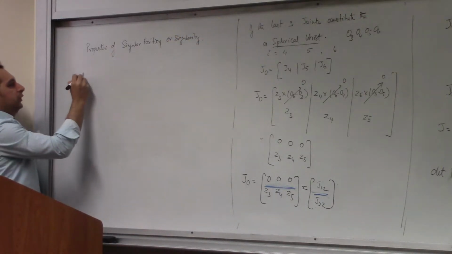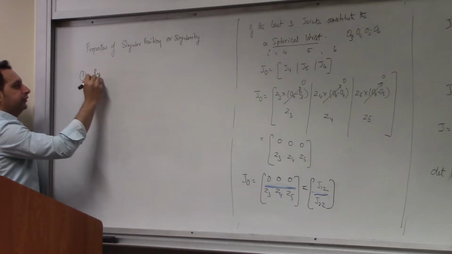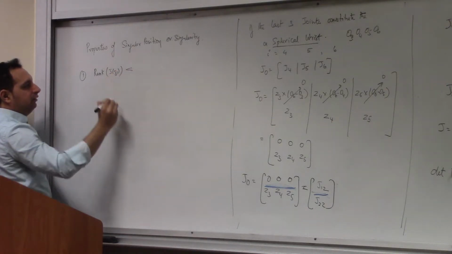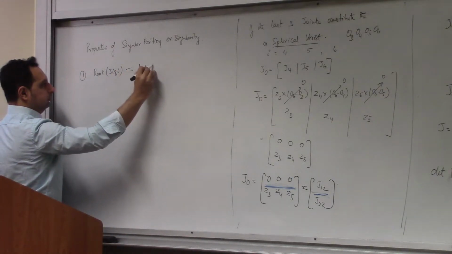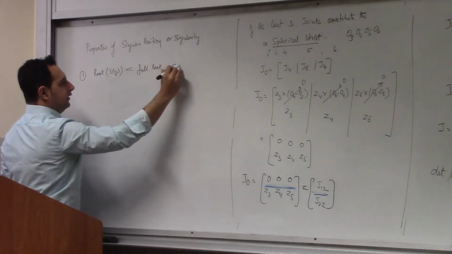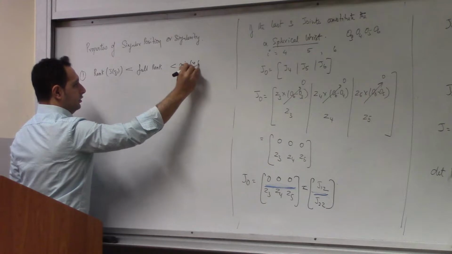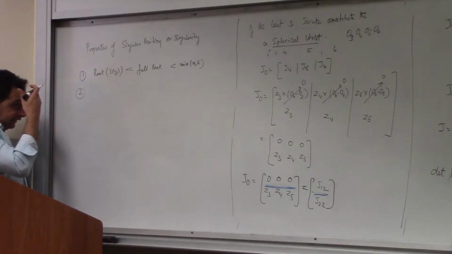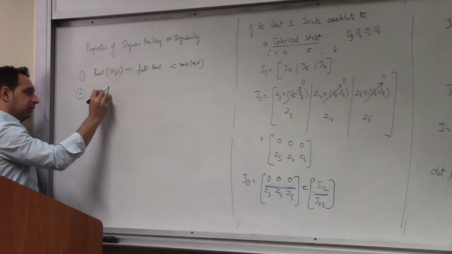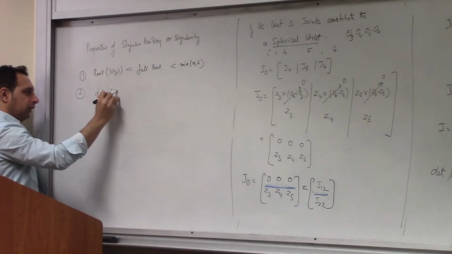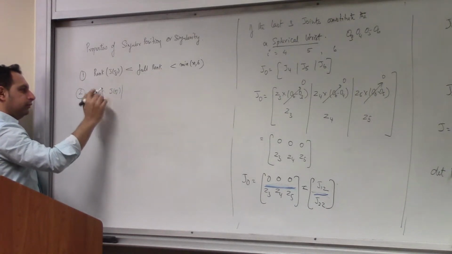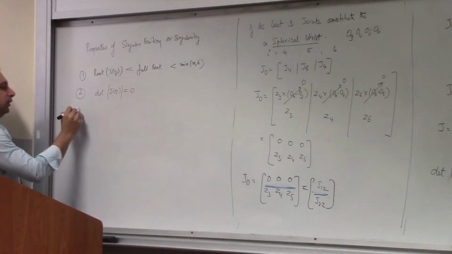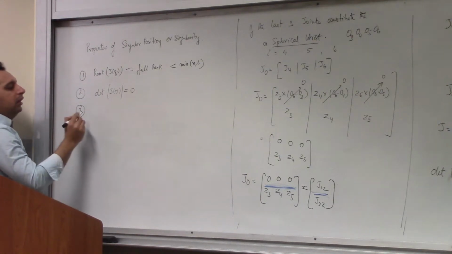First one is that the rank of J of Q is less than full rank, or less than the minimum of n or 6. One of the two. Second, which is the necessary and essential condition, is that the determinant of J of Q is equal to 0.